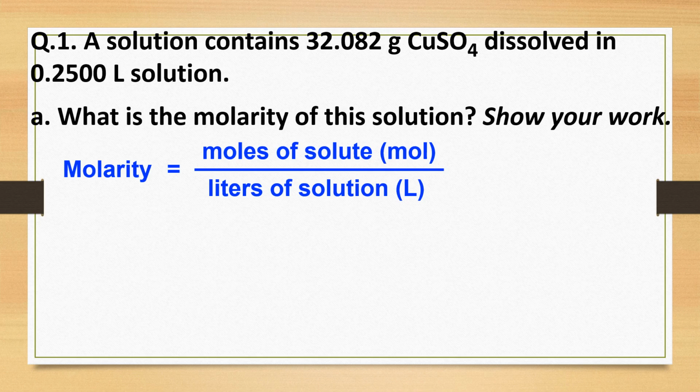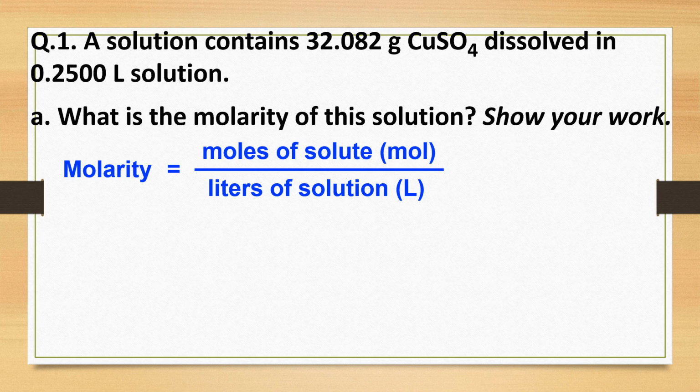Once we know that, we already know how to determine mole numbers from a particular weight. In this case, we were given a weight, which is 32.082 grams of copper sulfate. We need to convert this weight into a mole number.